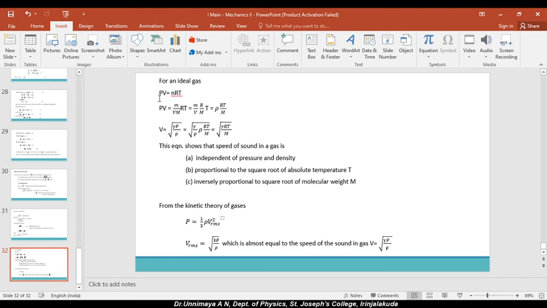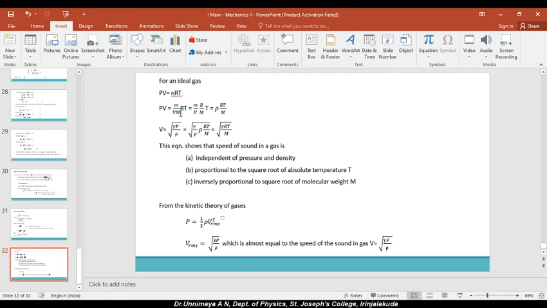For an ideal gas, PV is equal to nRT. This is the ideal gas equation. So replace n with m by M into RT, where m is the mass, M is the molar mass, V is volume, and this is specific mass. So here we replace m by V with rho, density.